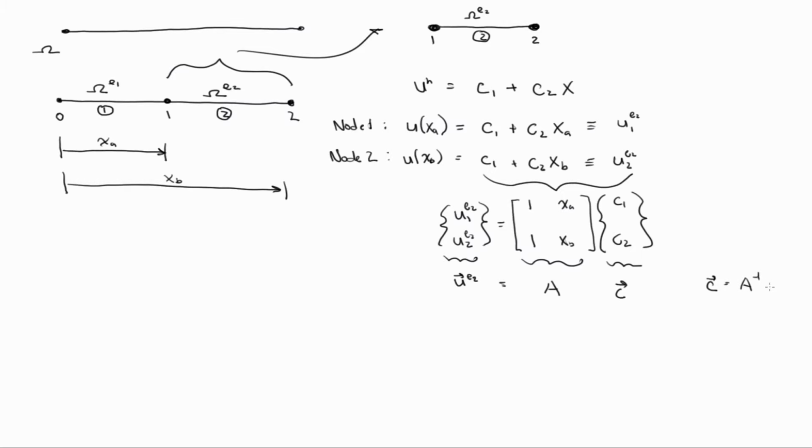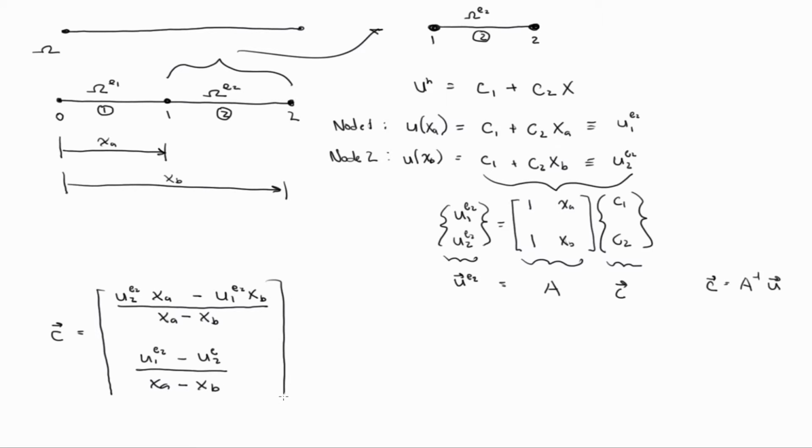C equals A inverse U. So if we were to actually compute the inverse, then we'd get C is equal to, so that's a vector.